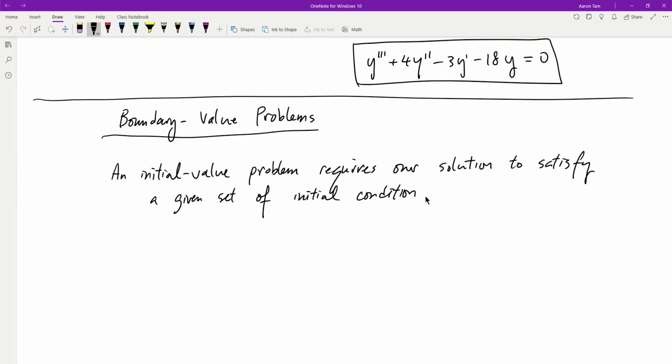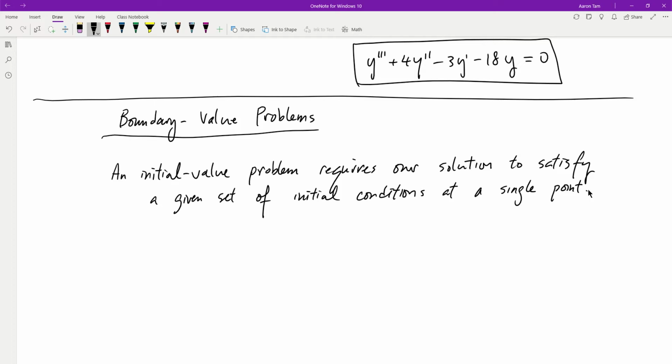And here's the important part. In this sense, the initial conditions are at a single point. Meaning, when we have initial conditions, they define a single point and also everything else that happens at that point, such as what the derivative would be, or the second derivative, or the third derivative.